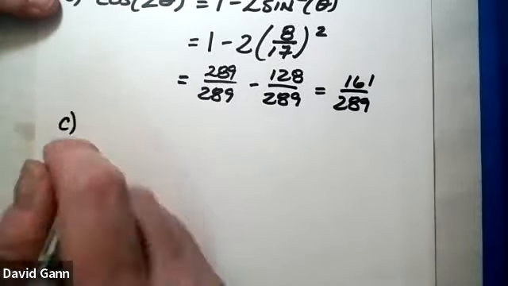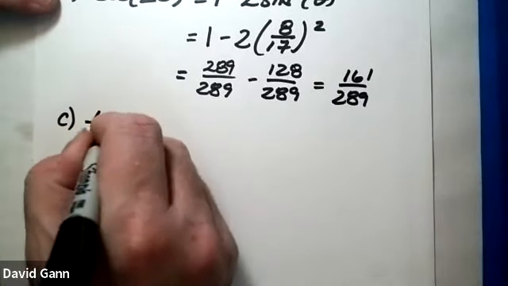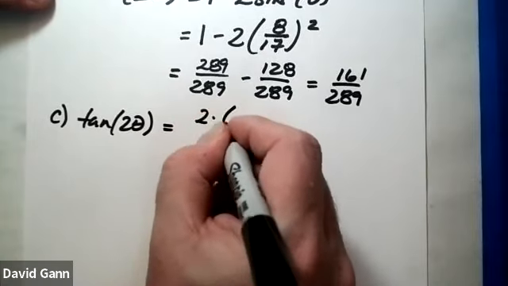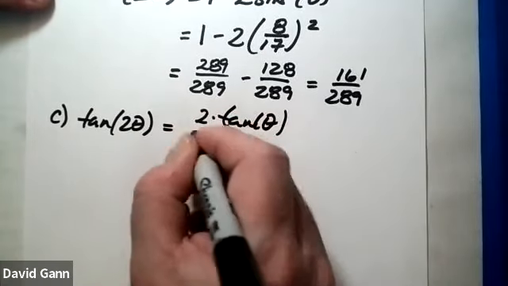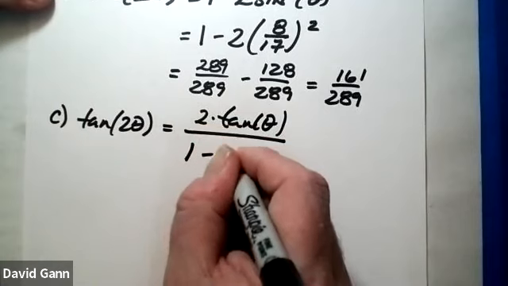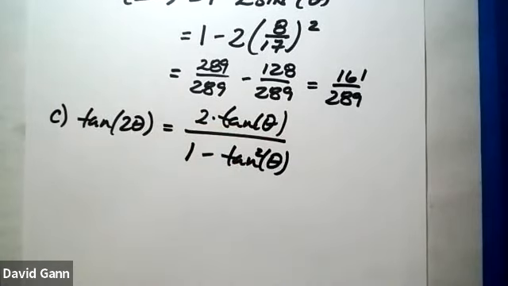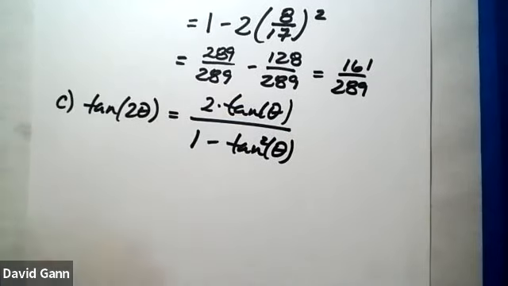So recall we're going to want to find tangent of 2 theta. And that's going to be 2 times the tangent of theta over 1 minus tangent squared of theta. So recall, let's pull this right back up again.